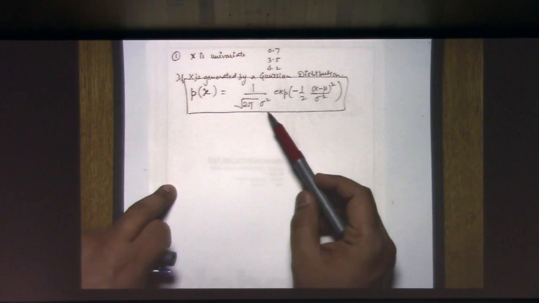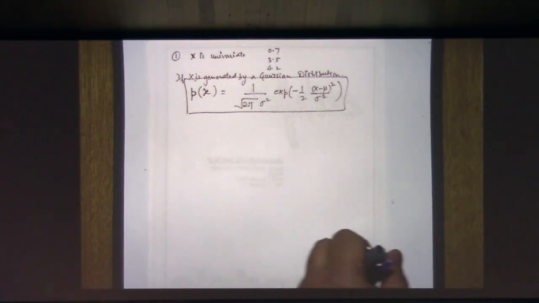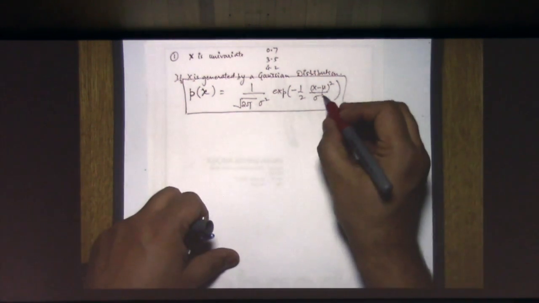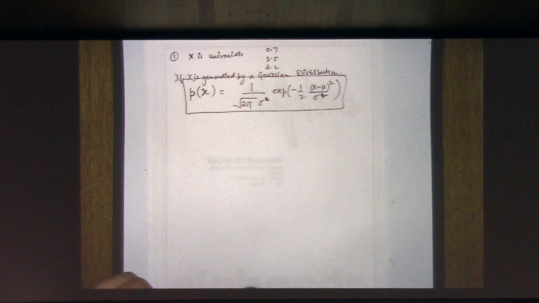So what you see here is that there are two parameters associated with this random variable. Sorry, it's 2 pi sigma square. I just want to make sure my notations are all right.